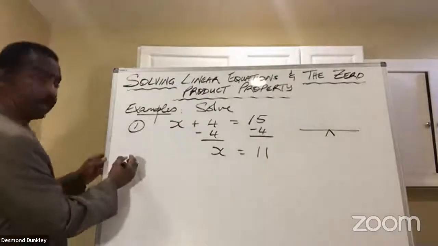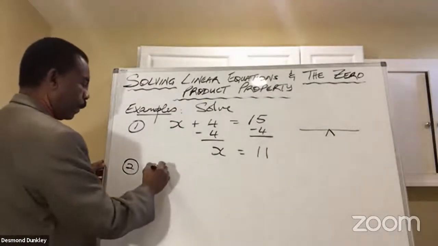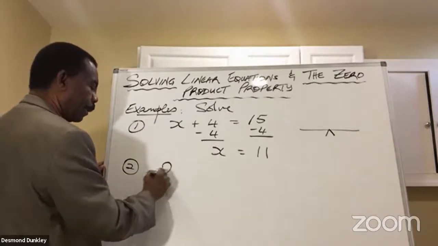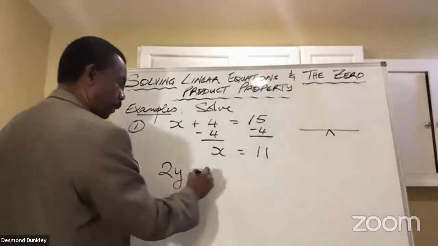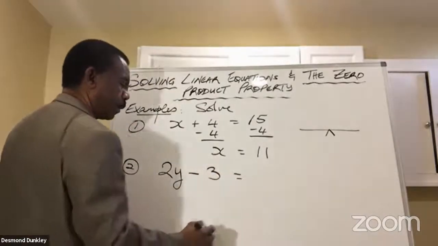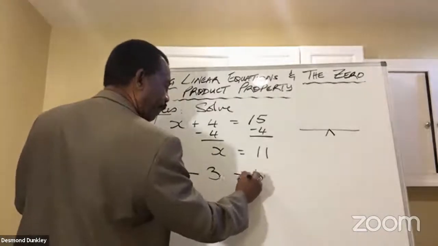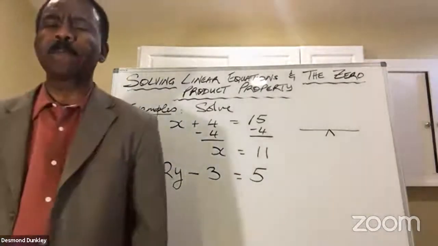Let's try another one. If I had, say, 2y minus 3 equal to 5, and I ask you, what is y equal to?